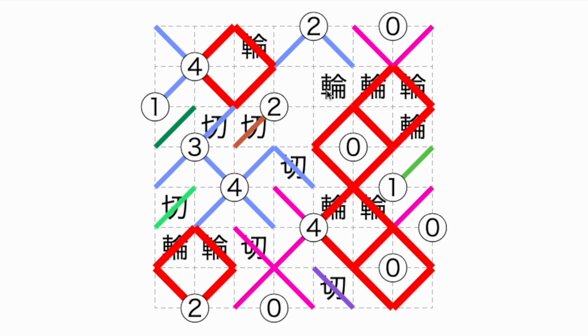This clue, still less clear to me. This has got to be part of a loop. Could it be one that is these two? That seems okay. Could it be part of something that goes this direction? Then it would have to go down here. Okay, I see it, though it's a few steps.